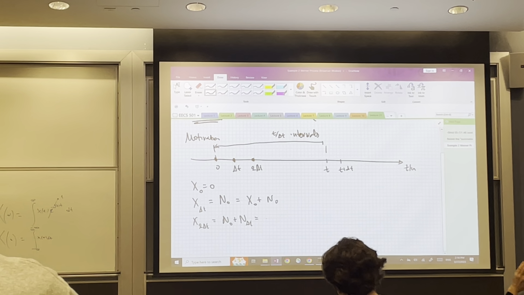Second, suppose s is smaller than t. Okay? Here is s and xs, here is t and xt. And I want to look at xs and xt minus xs, and take the correlation between these two random variables. What am I expecting to find here?